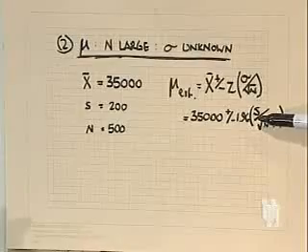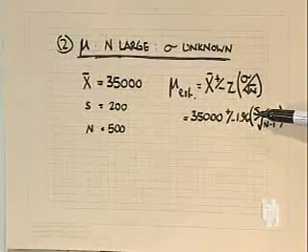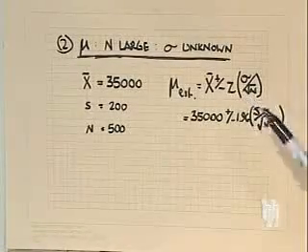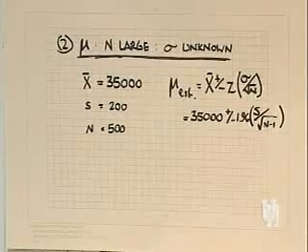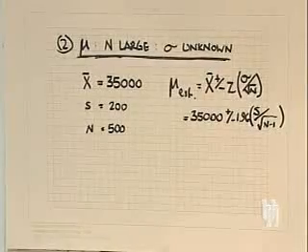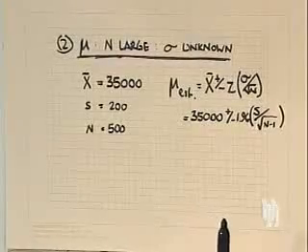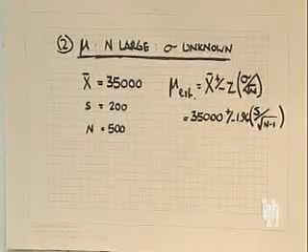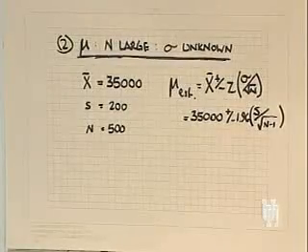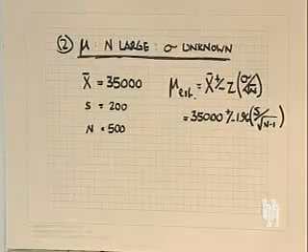And when you do that, you have to recognize that S is a biased estimate, and you correct for that bias by using n minus 1 in the denominator. That formula is formula 7.2, and it's on page 164.